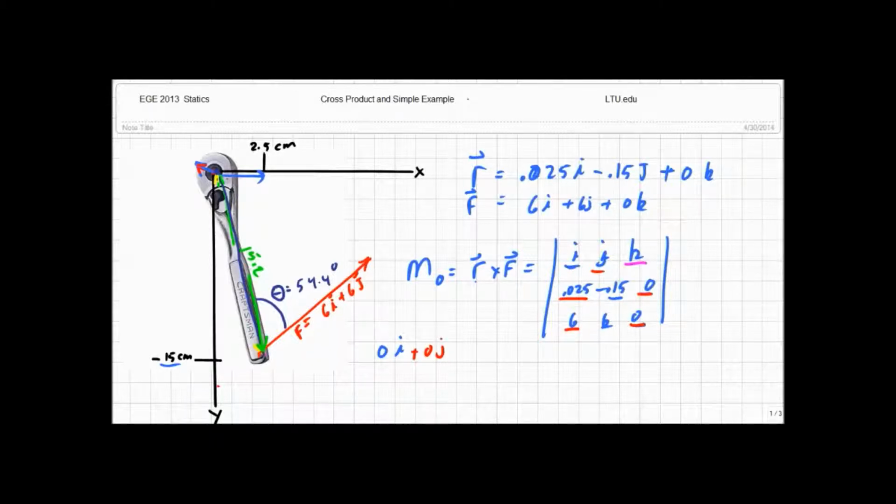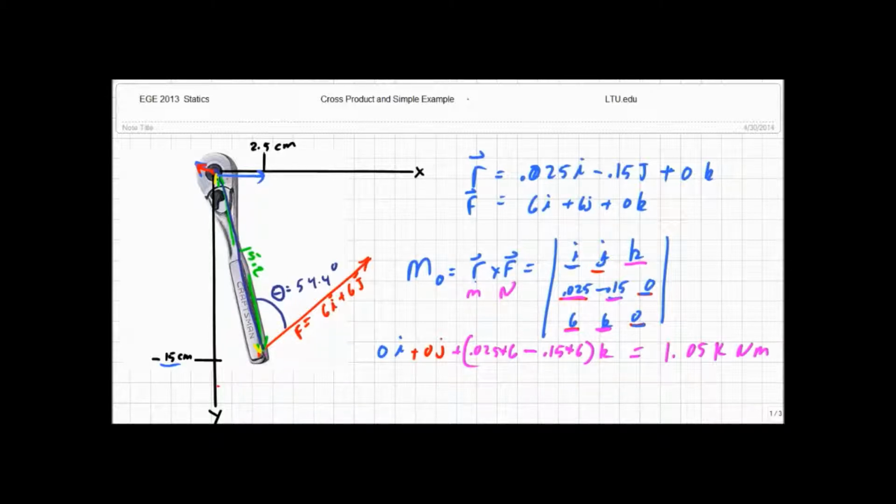And the K term is 0.025 times 6 minus minus 0.15 times 6, times K. And if I multiply those out, I get 1.05 K newton meters, because the position was in meters and the force was in newtons, okay?